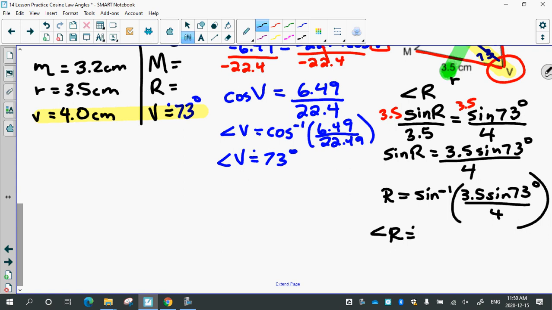So carefully type it in. Did you get 56.8? So 57 degrees, okay.